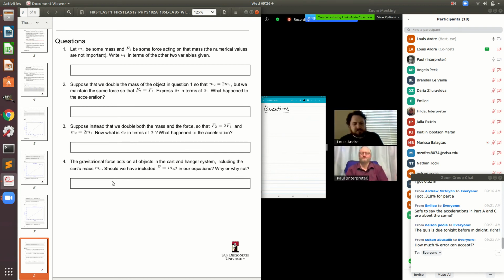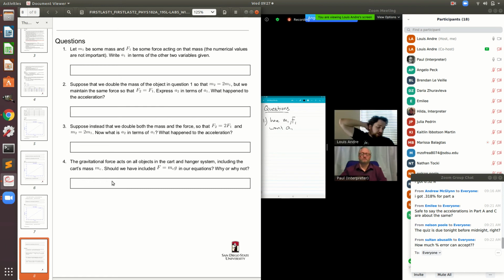Okay, questions. Number 1, let M1 be some mass and F1 be some force acting on that mass. The numerical values are not important. Write A1 in terms of the other two variables given. So guess what? This one should be pretty straightforward, right? We have M1 and F1, and we want A1.